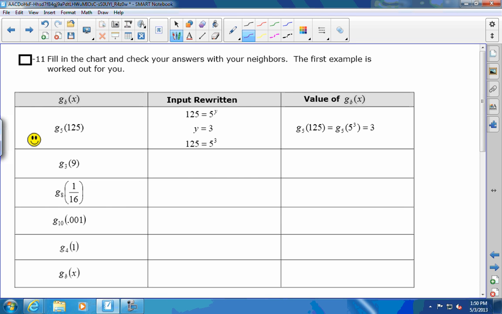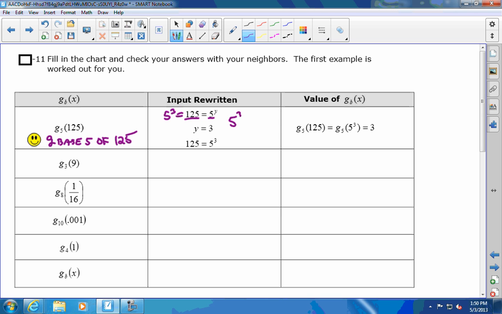Okay. So we're going to start off. This says g base 5 of the number 125. So you rewrite 125 as 5 to some power. You don't have to do much work because you know you can express 125 as 5 to the 3rd.